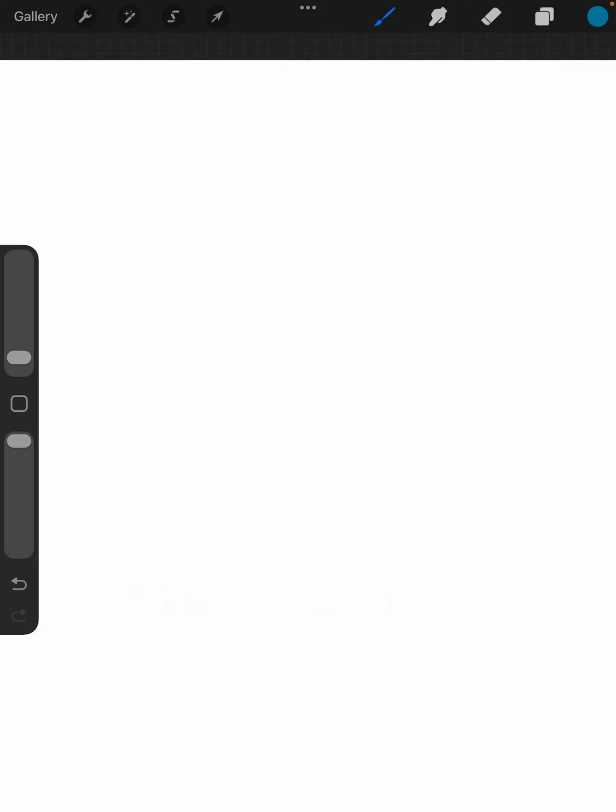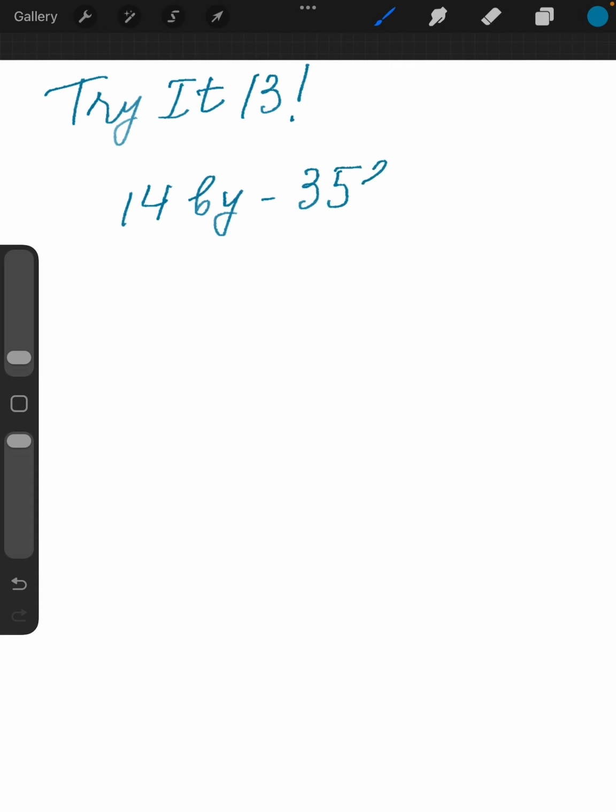All right, let's erase this and try our hand at something else. Let's say we do Try It 13 on the same page. Okay, and here we have 14by minus 35bz plus 7b. All right, we've got 3 terms, right? And let's see, 14.